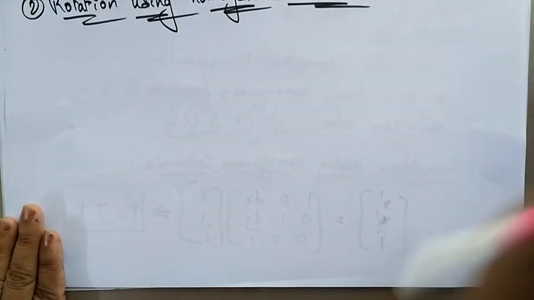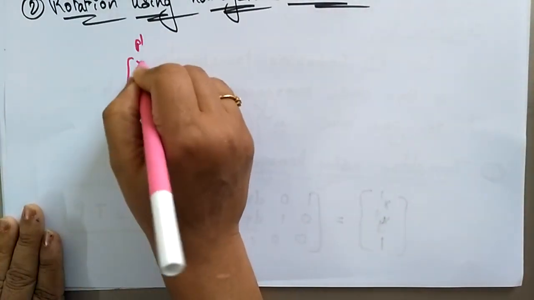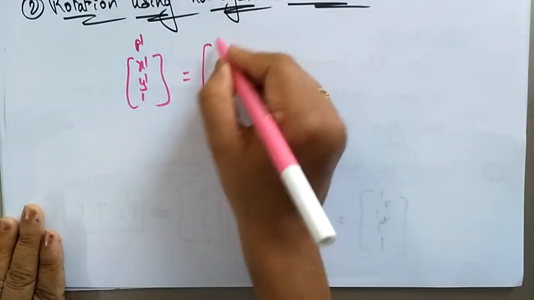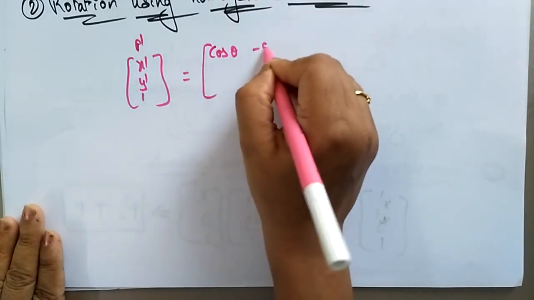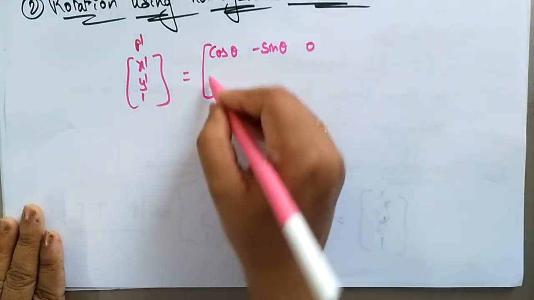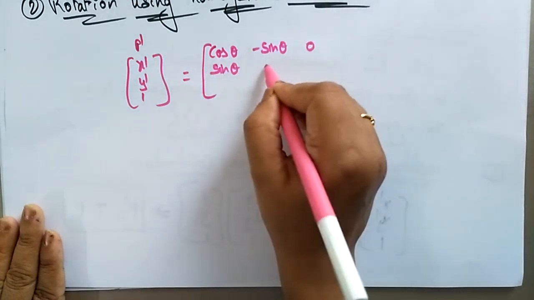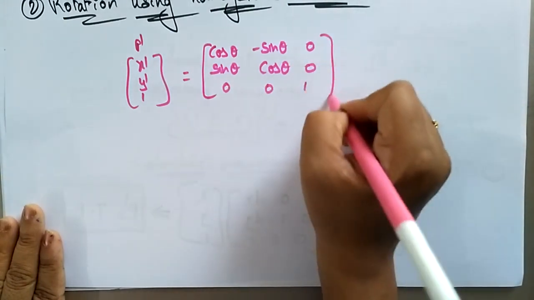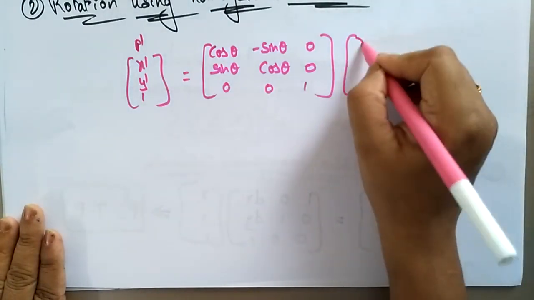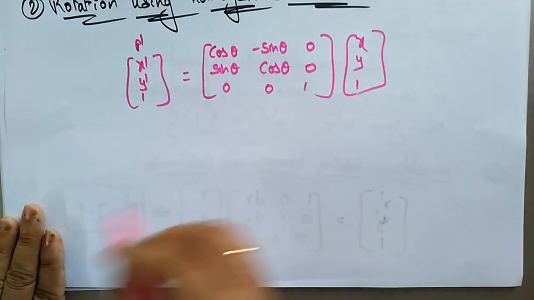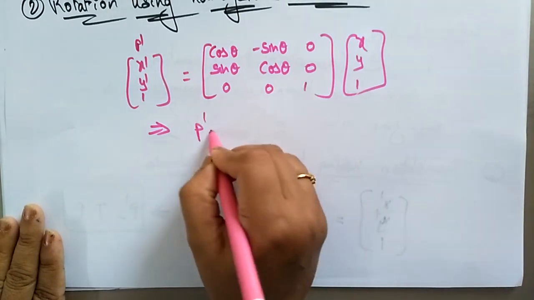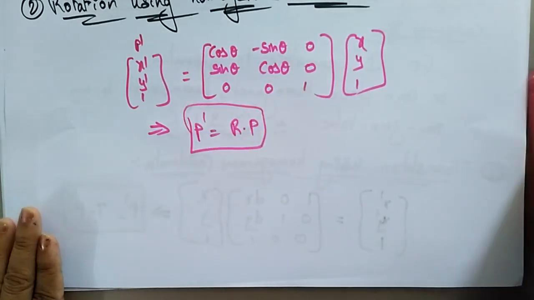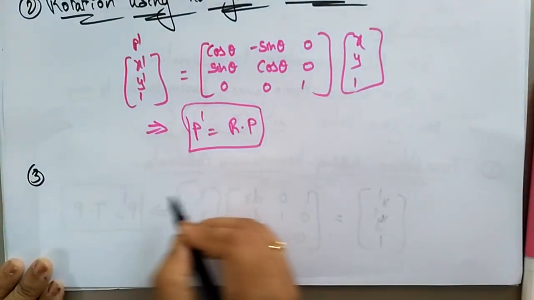For this, P dash, x dash, y dash, 1, is equal to the matrix cos theta, minus sin theta, 0, sin theta, cos theta, 0, 0 0 1, into P, that is x, y, 1. This can be represented as P dash is equal to R into P, where R is the rotation.